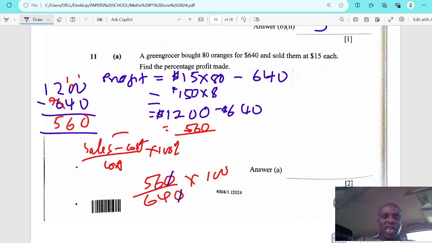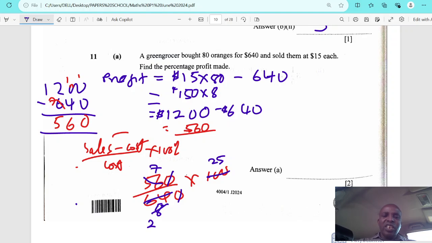This part cancels out, then you can use what here? By 8. 8 into 56 is 7. 8 into 64 is 8. Then you can use 4 here. 4 into 8 is 2. 4 into 100 is 25.